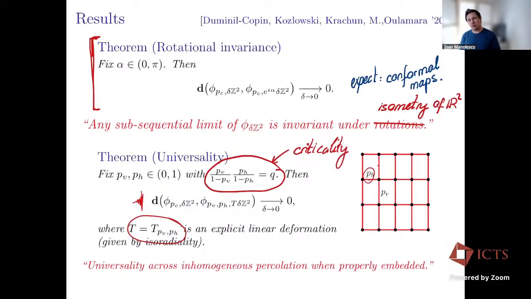So if you put a well-chosen linear map there, this compensates for this kind of horizontal dilation that I mentioned. And the way to see this is actually to re-embed your graph, rather than embedding it as a square lattice, to embed it as a rectangular lattice with the embedding that depends on the parameters that you've chosen. And this embedding is actually what's called an isoradial embedding.